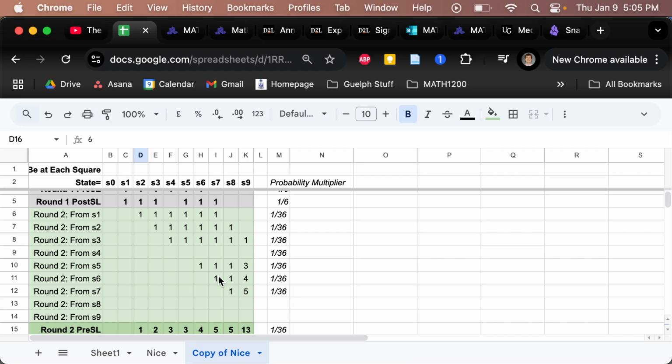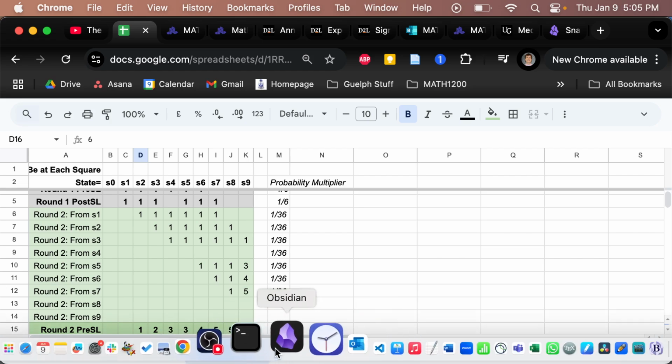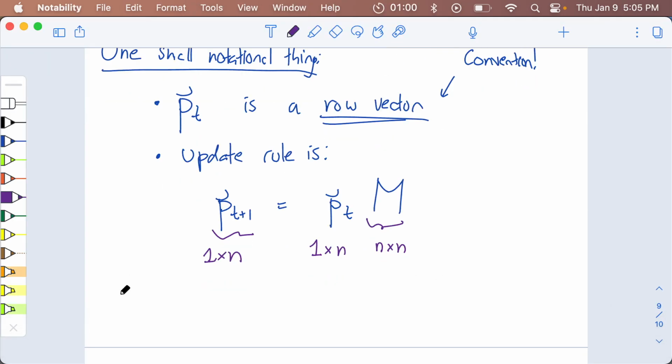So now the question is, now that we know it's matrix multiplication, what is the matrix? What is the matrix M? And the matrix M, it has a name.